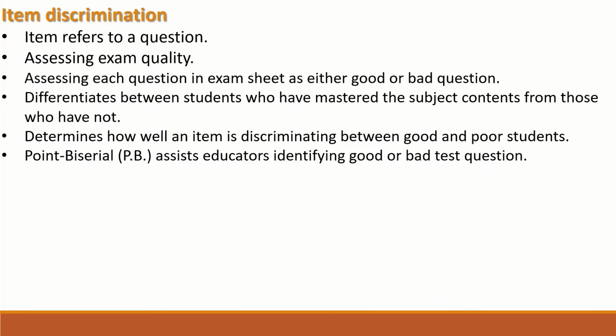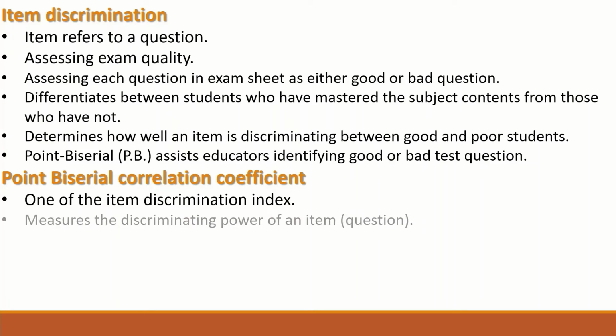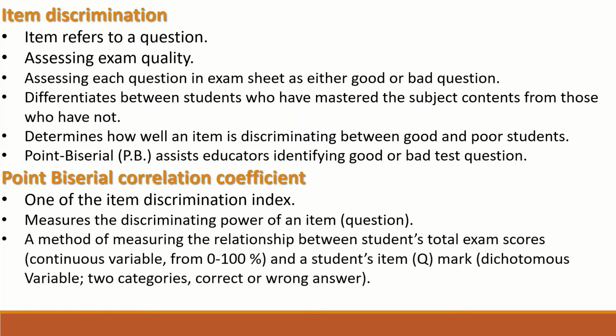The Point Biserial correlation coefficient assists the educator or educators to identify good or bad test questions. So the coefficient is one of the item discrimination indices. It does measure the discriminating power of an item or a question.